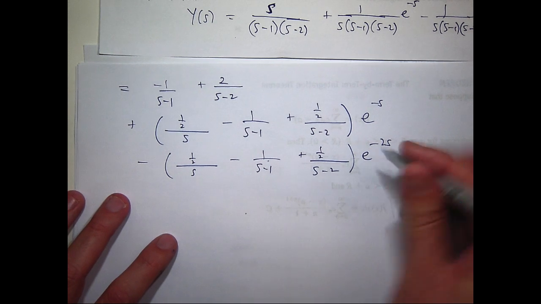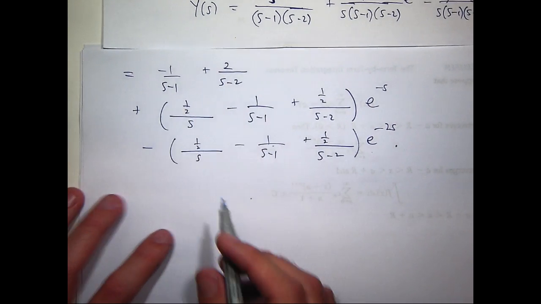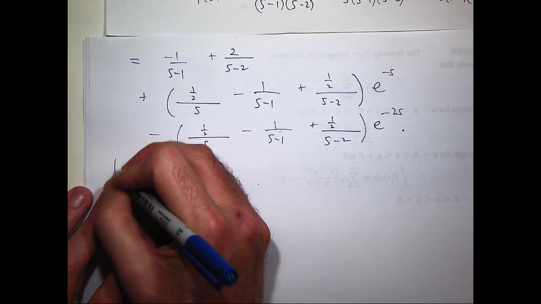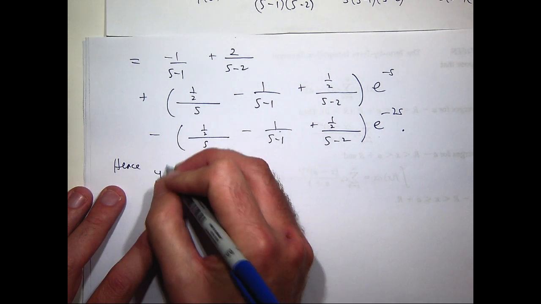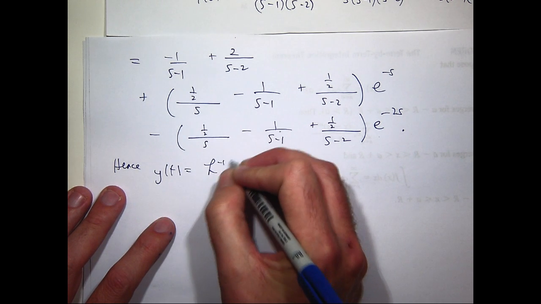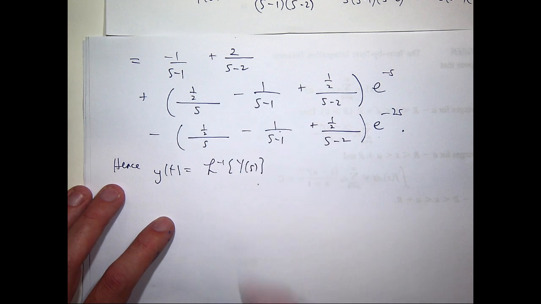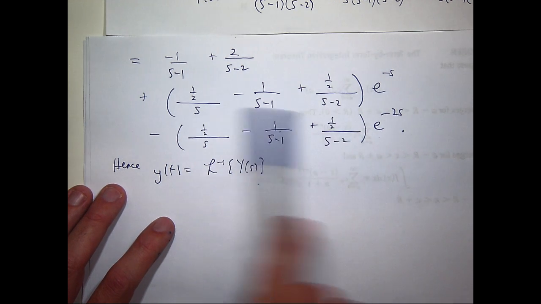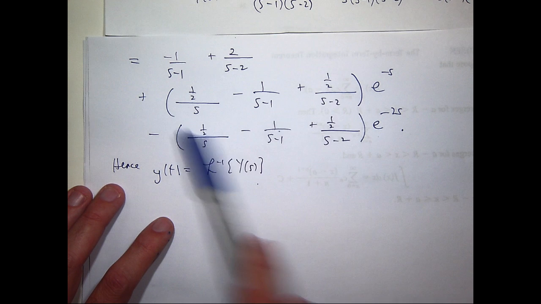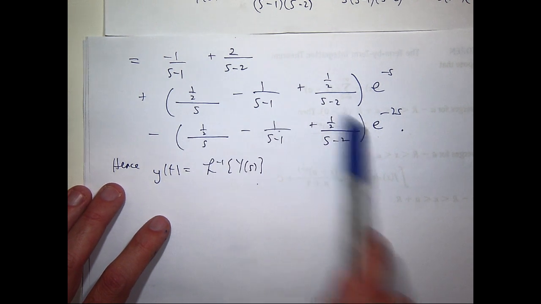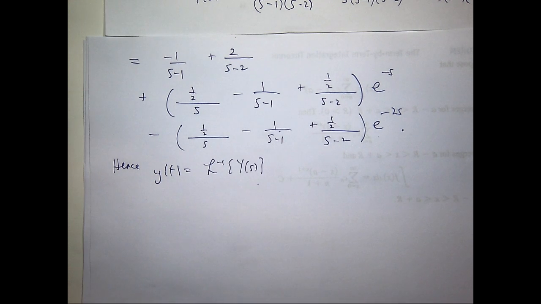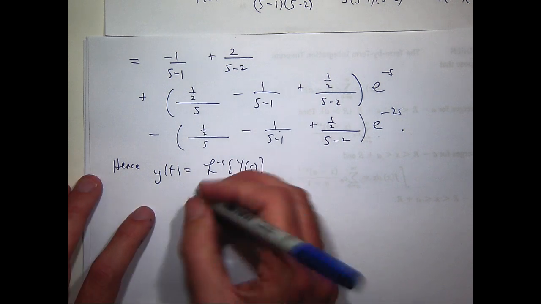So let's take the inverse transform term by term. It's good that these two are the same functions because it saves us a lot of work. These might look quite complicated, but having them the same saves us a lot of time.